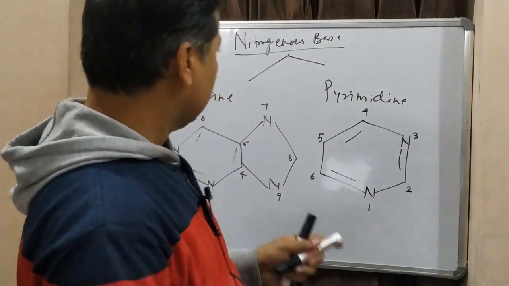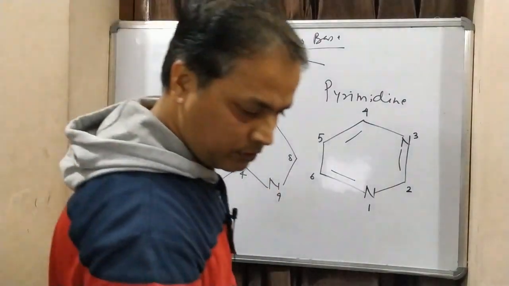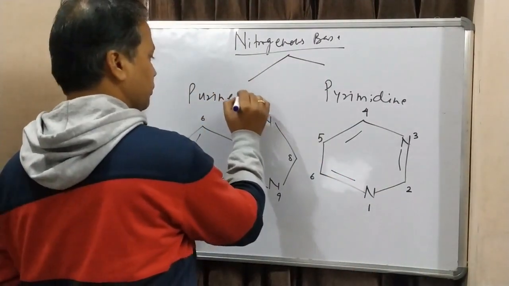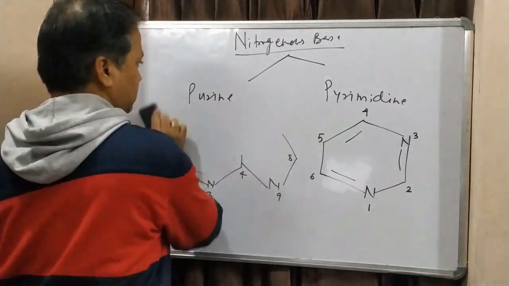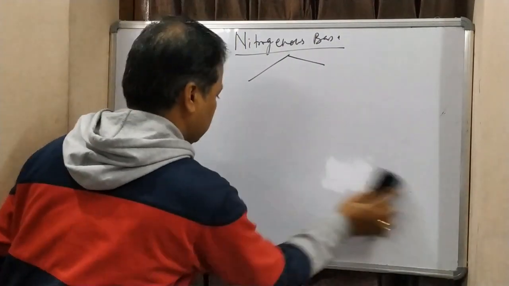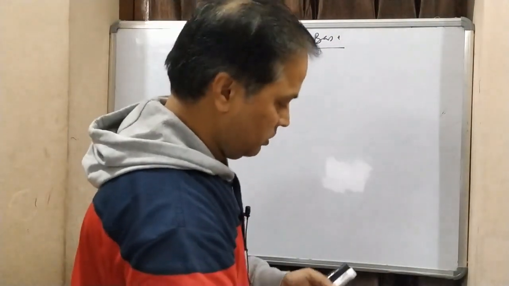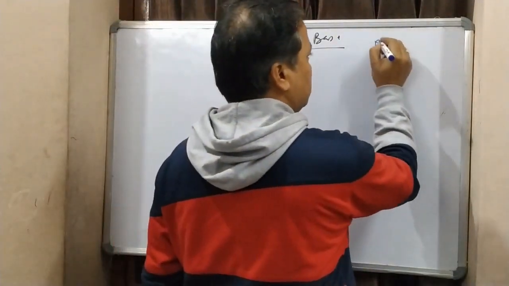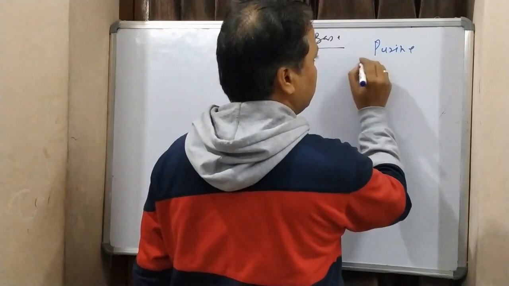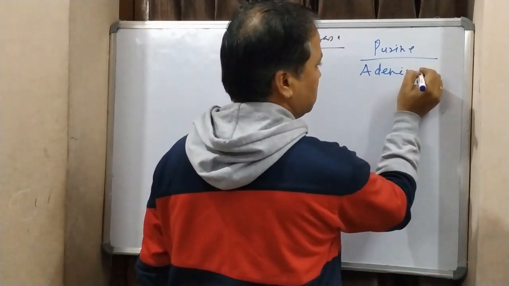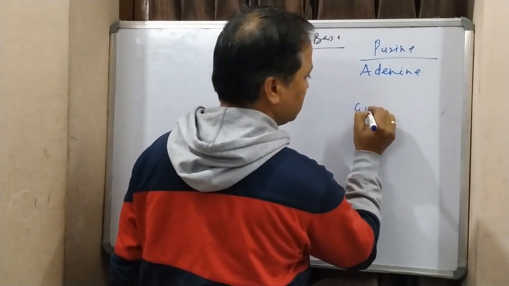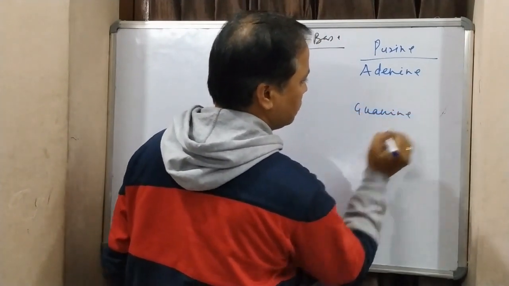In our cells, we have 2 types of purine: adenine and guanine.